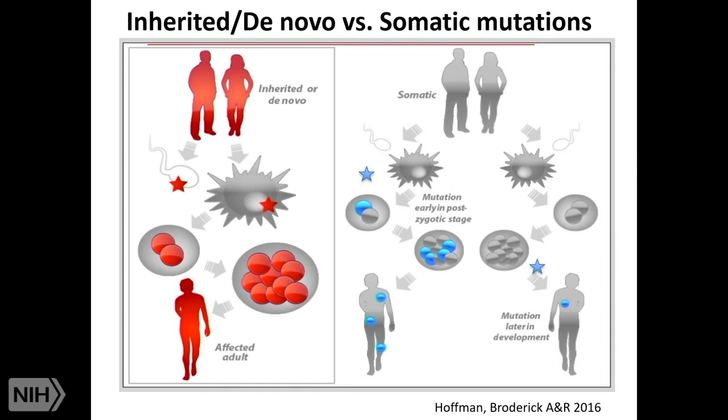But the other thing we see primarily in these autosomal dominant diseases is this concept of somatic mosaicism. And what happens is there can be a somatic mutation that occurs at different points of development. It could occur very early in development, in which case you would have a large number or percentage of your cells with that mutation, but can also happen later on in life, and even just in one particular cell line.